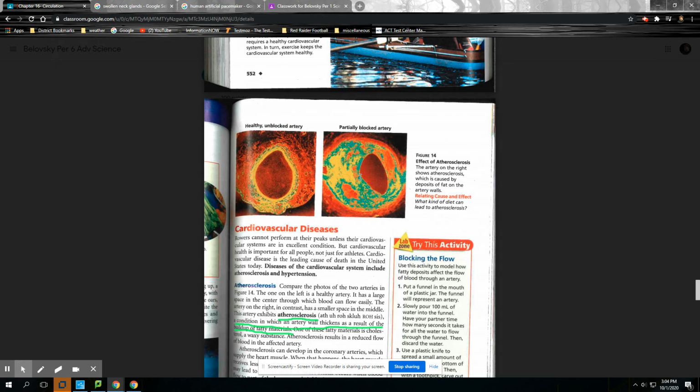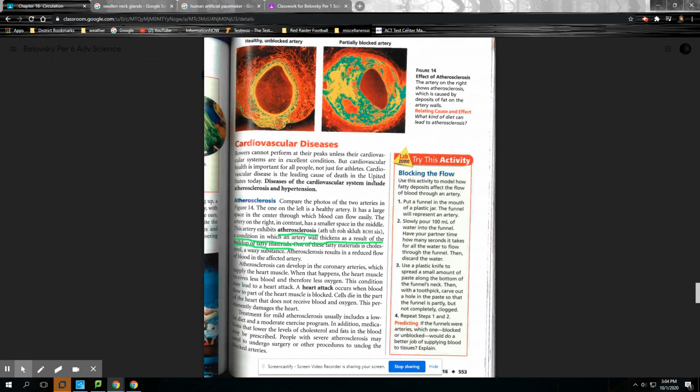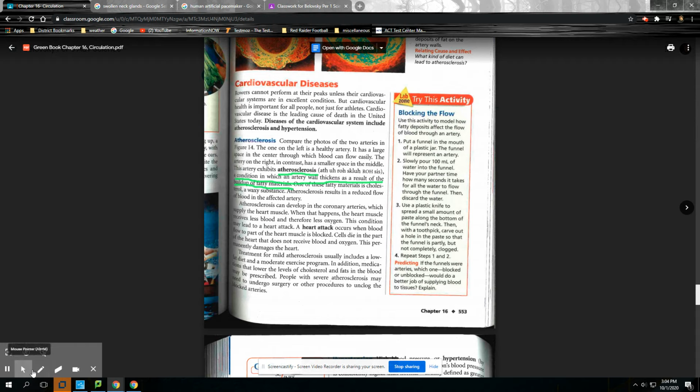And what happens is if this opening right here where blood flows through completely closes, you have a heart attack. So what is a heart attack? A heart attack occurs when blood flow to part of the heart muscle is blocked.